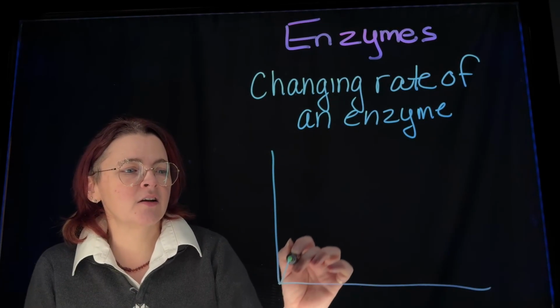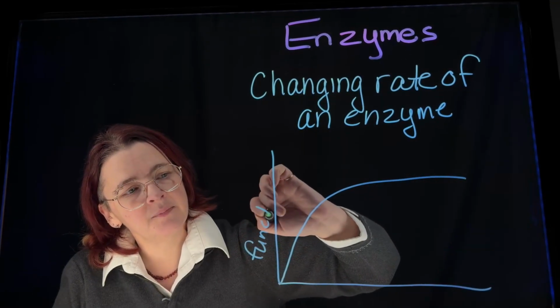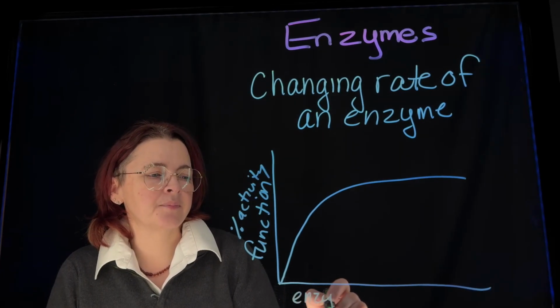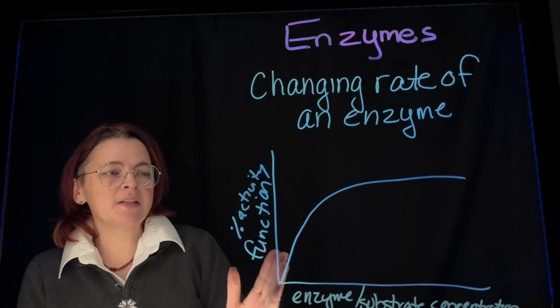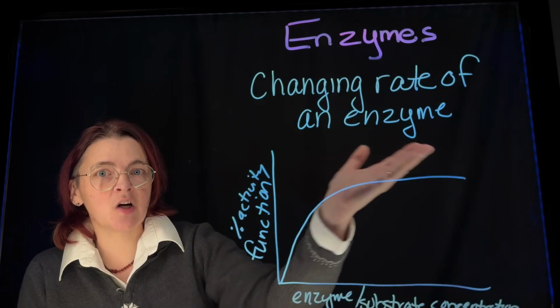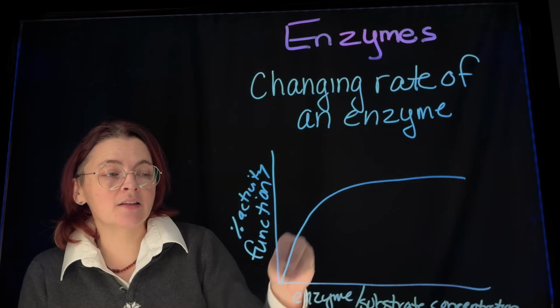So generally you're going to have this sort of graph where, again, this is the enzyme percent activity, and then this is going to be the enzyme or substrate concentration. You're going to have a sharp increase, and then it's going to start to level off as the enzymes are being used.